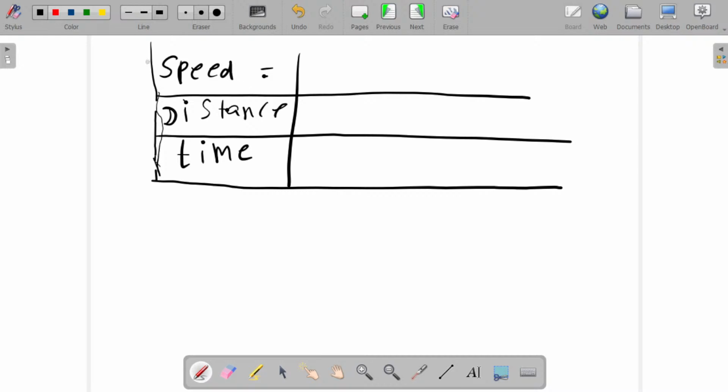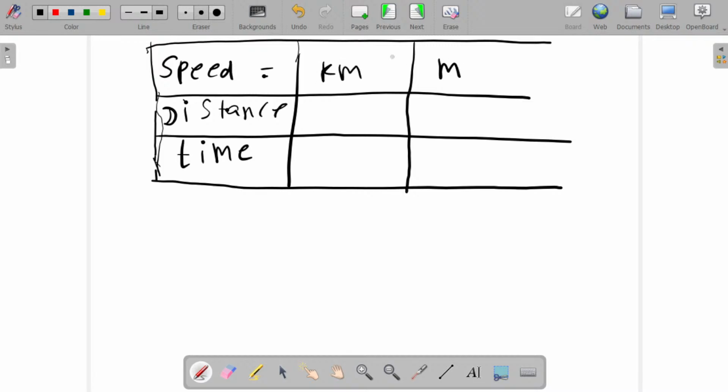First, let's talk about the SI units. Speed can be measured in kilometer per hour or meter per second.